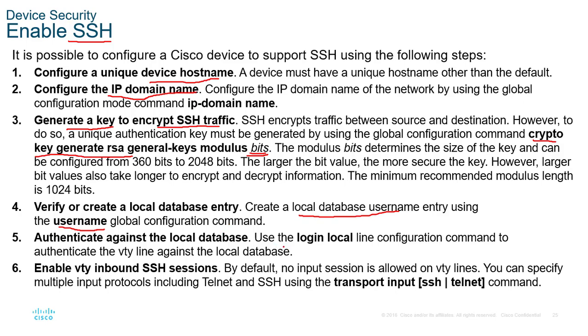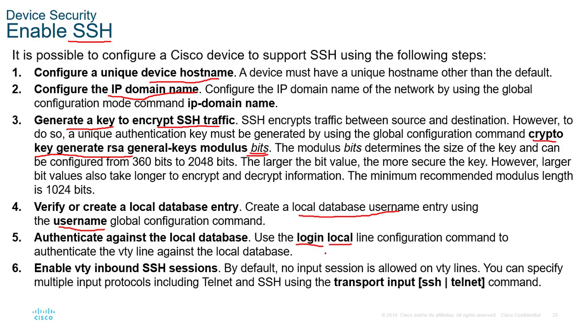And instead of just requiring a password for the virtual teletype lines by saying password and a password and saying login, we will change that to just saying login local. And that'll tell the router not to just authenticate them based on a password when they try to telnet or SSH in, in this case SSH.